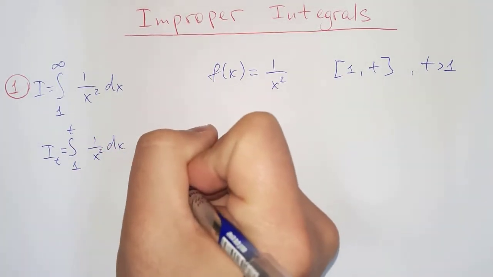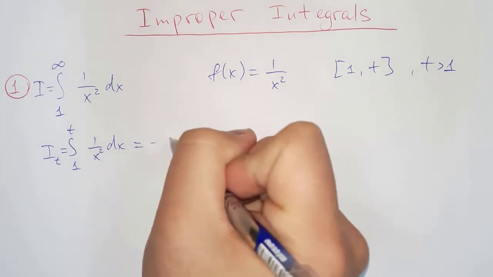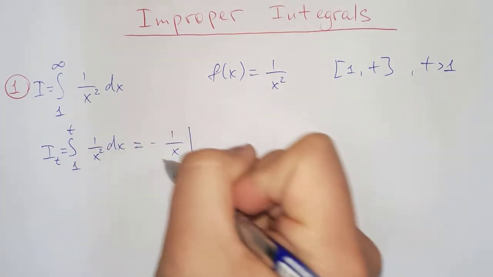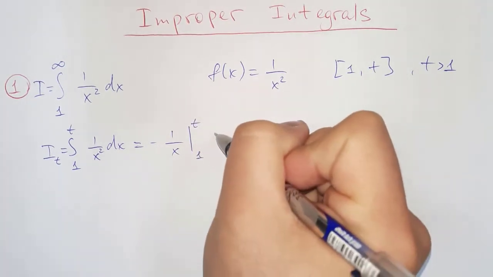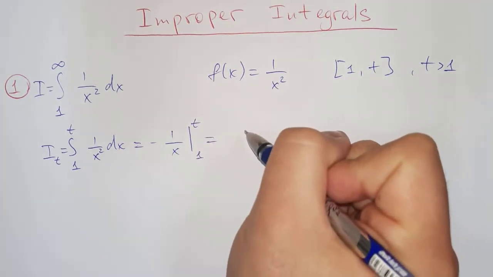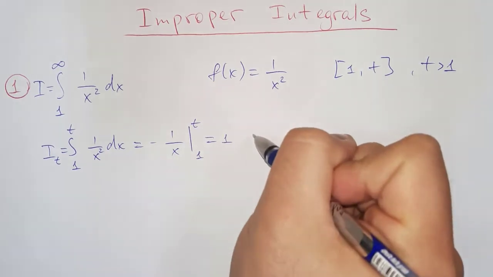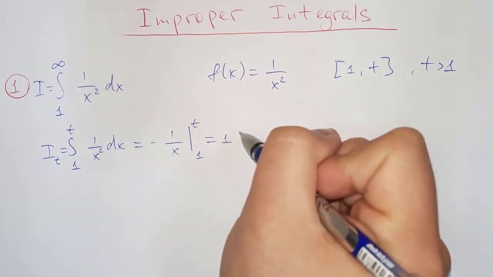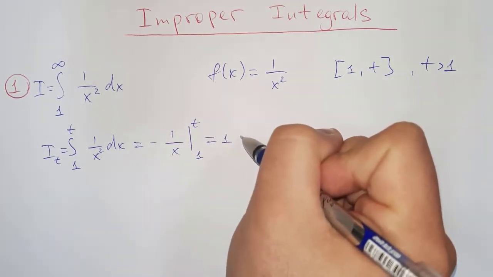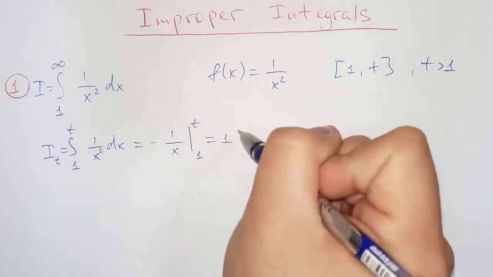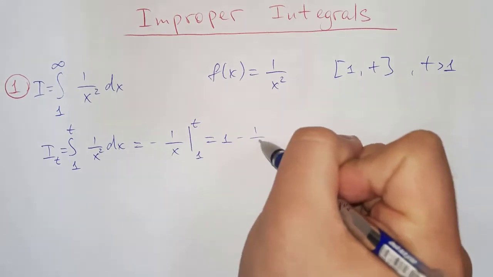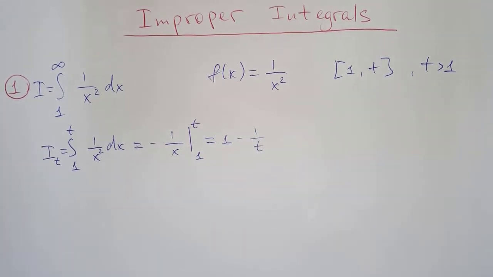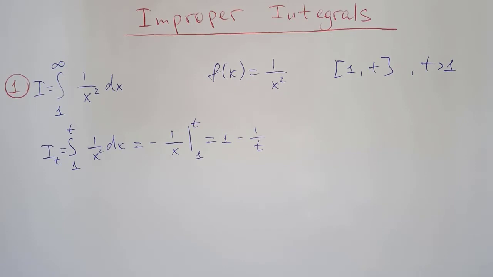And now when we compute this integral, we have minus 1 over x, the primitive of this function, from 1 to t. So when we put t, it will be minus 1 over t, and when we put 1, it is minus 1, so 1 minus 1 over t. But this is not the answer for our integral. Here we have t.